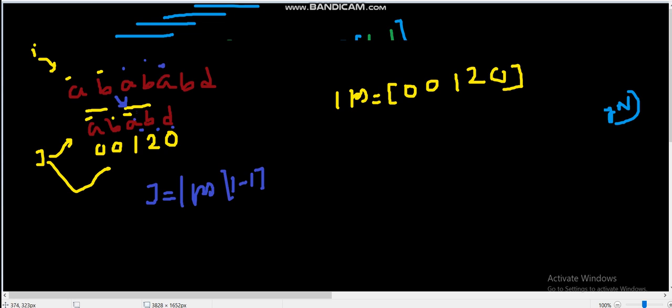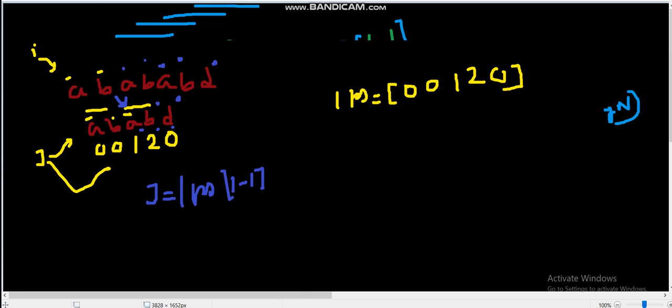Now we check that A is matching with this A, so we'll increment the i pointer and j pointer, and again these two are matching, so we increment i and j. Then these are matching, so we have found one occurrence, so we'll increment our answer variable by 1. So that is the KMP algorithm, how we can find the occurrence of any pattern in the given text.